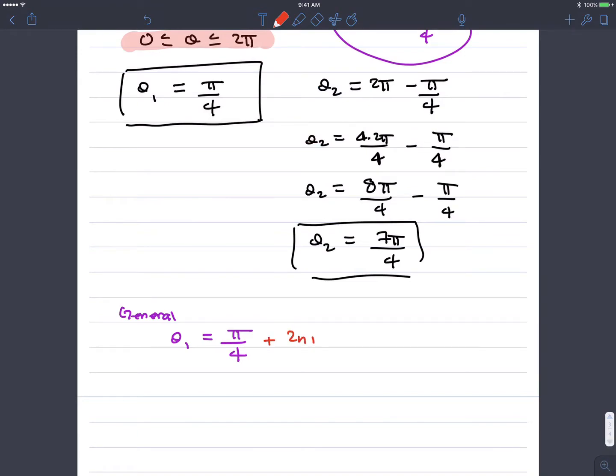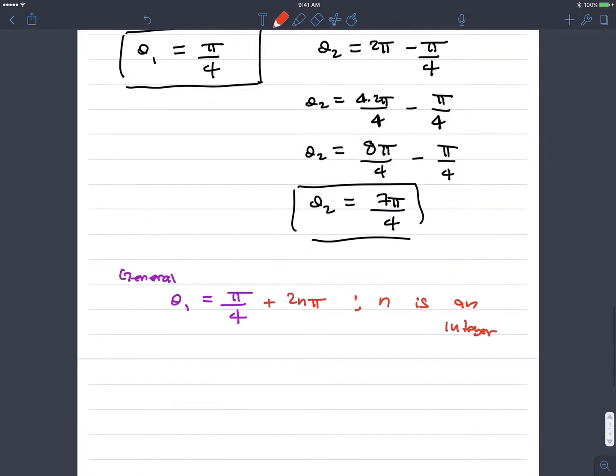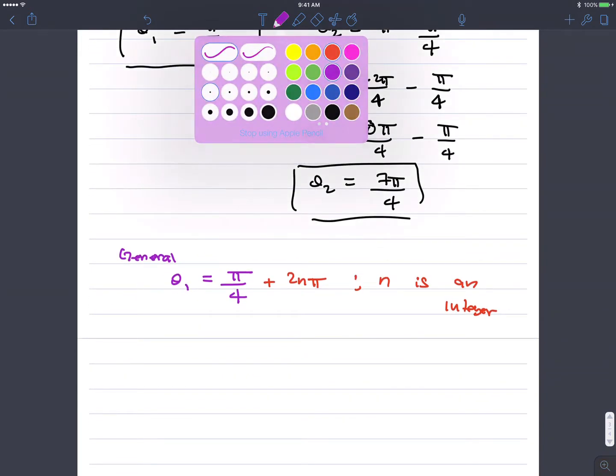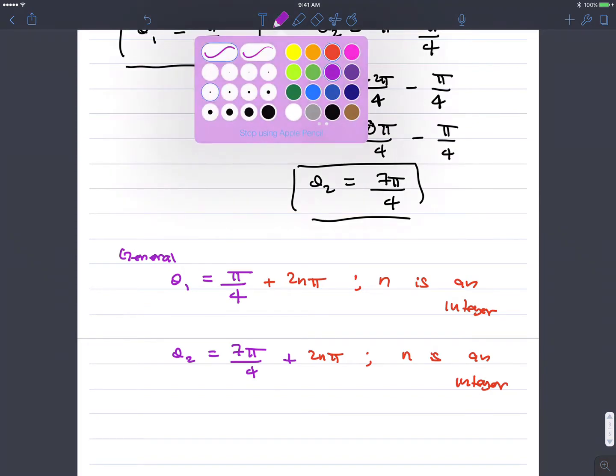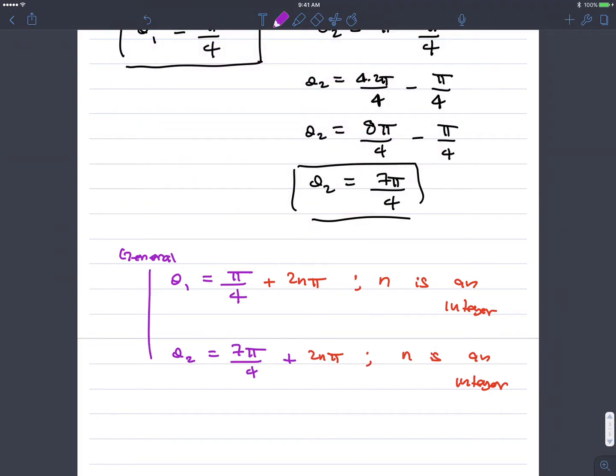A multiple of 2n pi, where n is an integer. And the second general solution is going to be found by taking the second solution, 7 pi over 4, plus again that multiple of what? 2n pi, where n is an integer. And you are now what? Done.